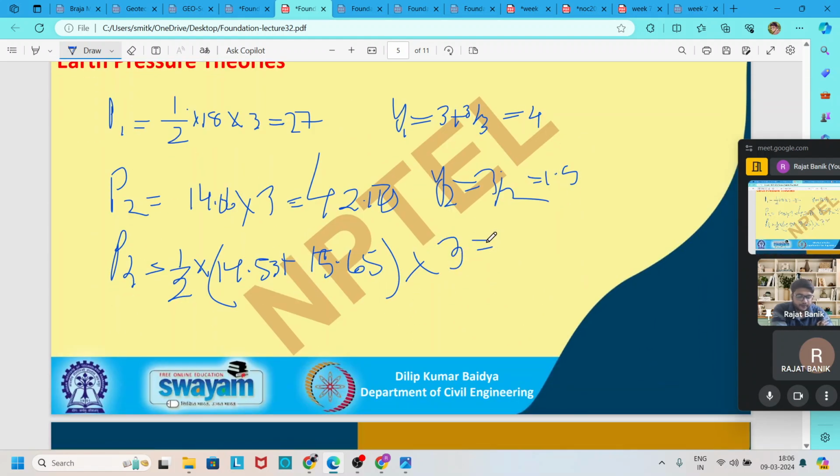It becomes 45.27, and y3 is h by 3, that is 3 by 3, becomes 1.